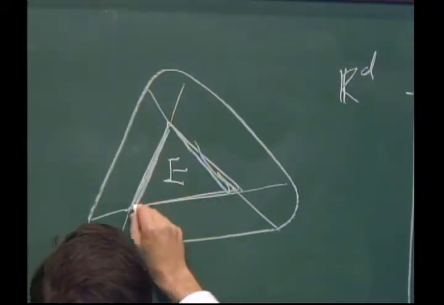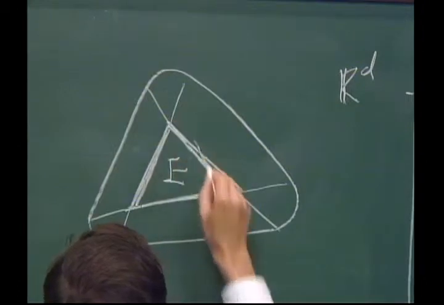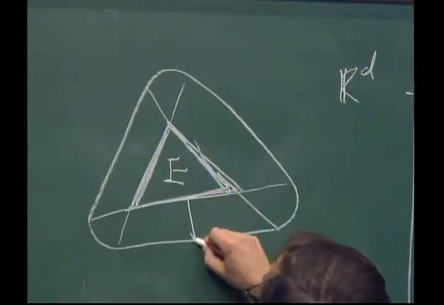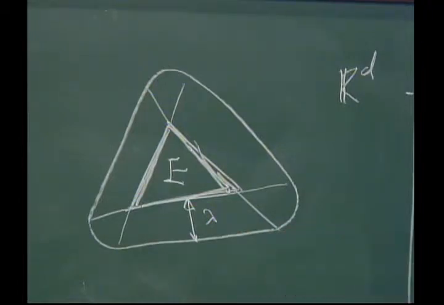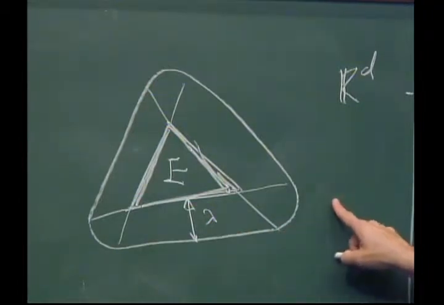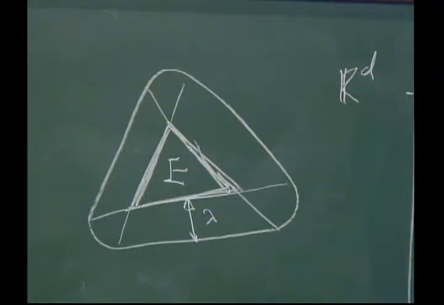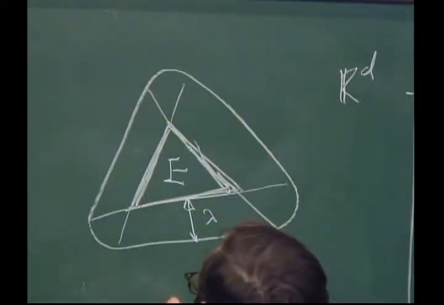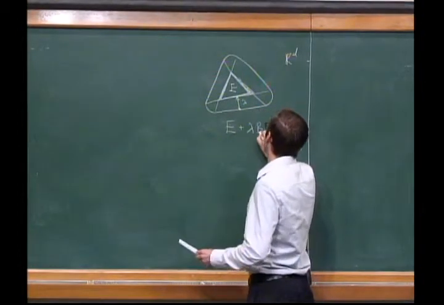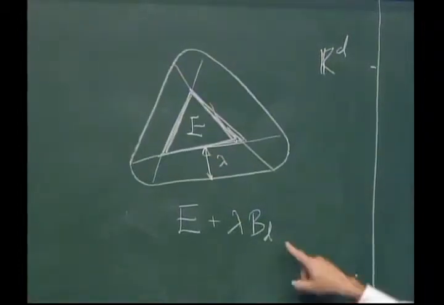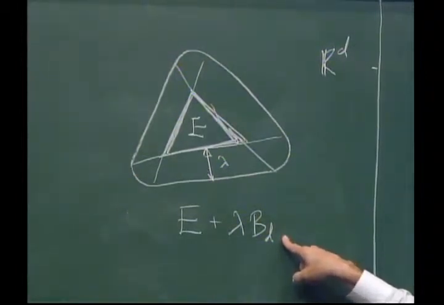So trying to draw the boundaries of the set E in heavy lines. And we're going to draw a tube around the edge of this set with width lambda. And this set here can be expressed as E plus lambda times the Euclidean ball of dimension D. Okay?